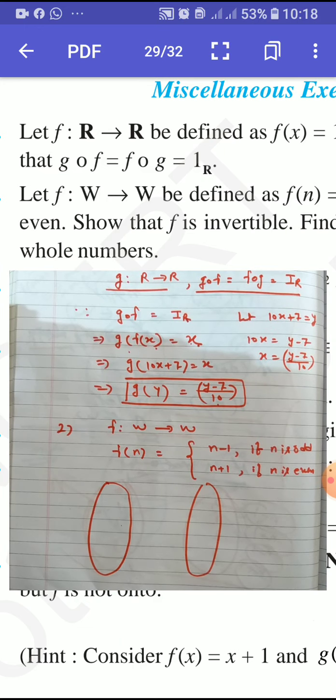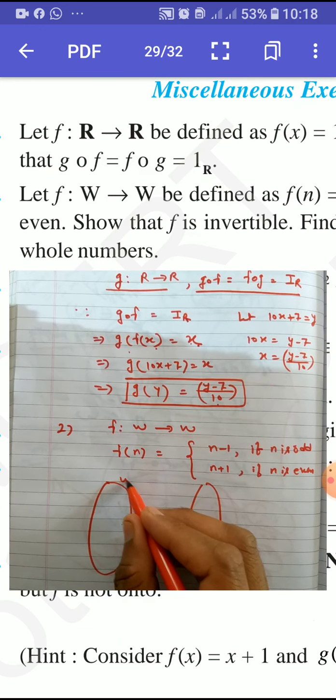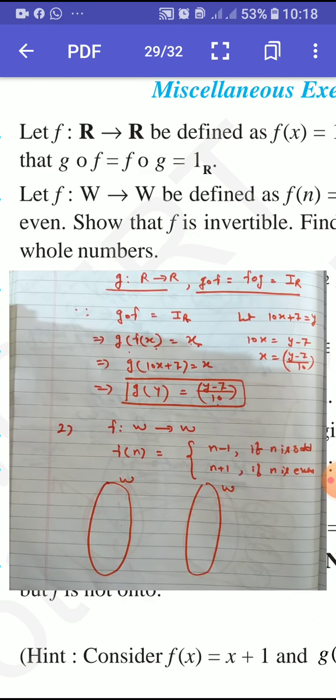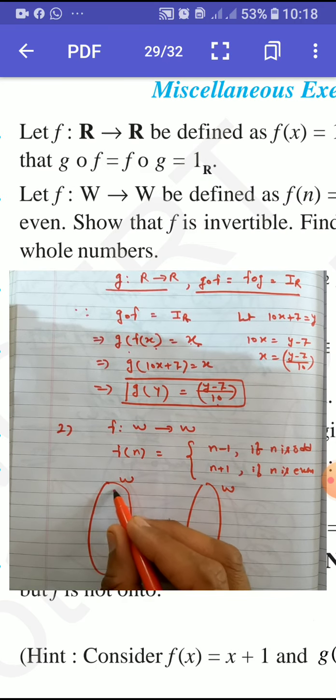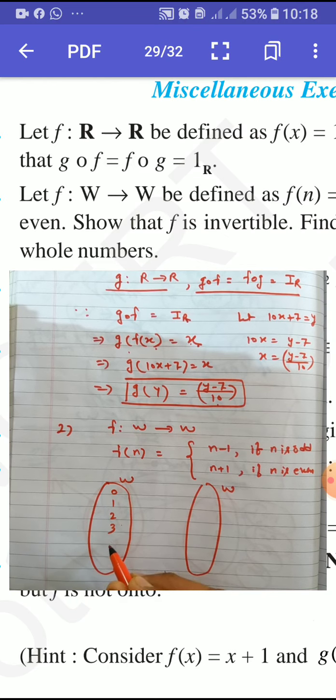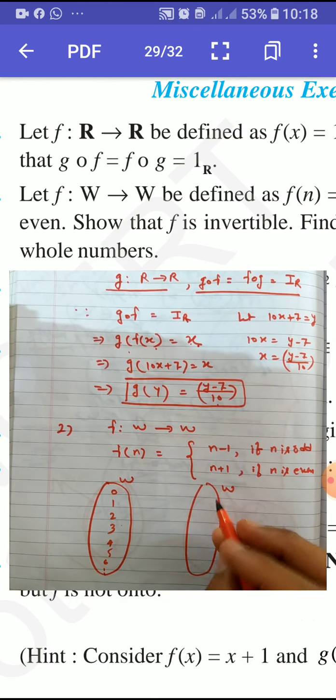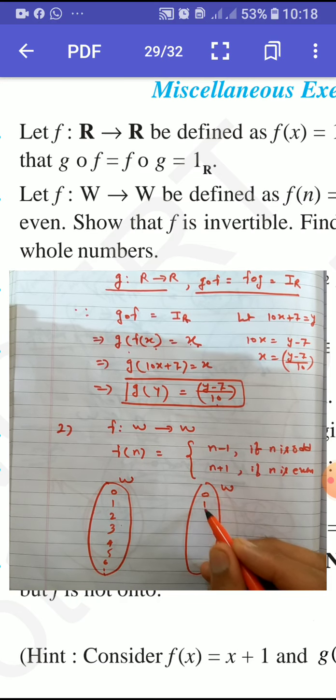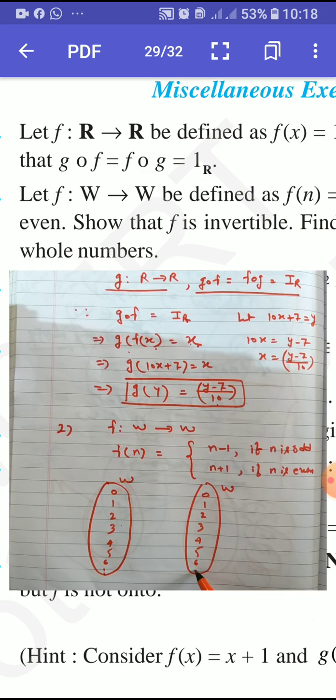Domain is whole numbers, codomain is also whole numbers. As we know, whole numbers start from 0, 1, 2, 3, 4, 5, 6, and so on, and the same way 0, 1, 2, 3, 4, 5, 6, and so on.